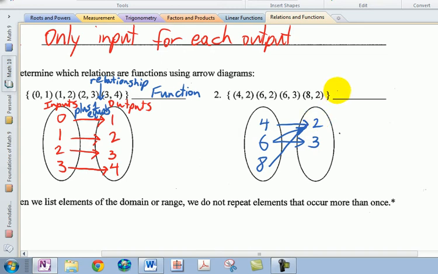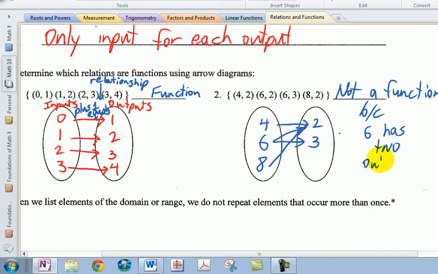So this is not a function, and the reason is because 6 has 2 outputs. 6 can be a 2 or a 3, and that's the problem. The input has 2 different outcomes.